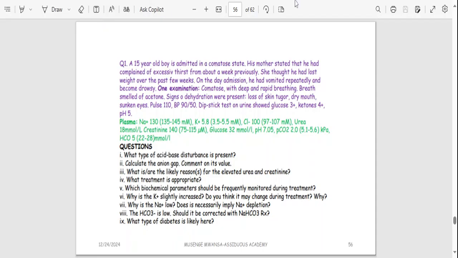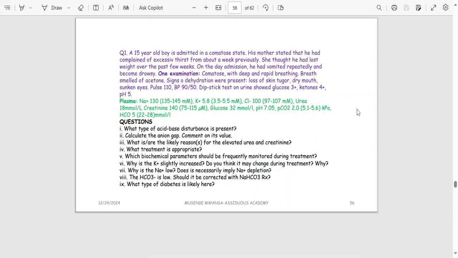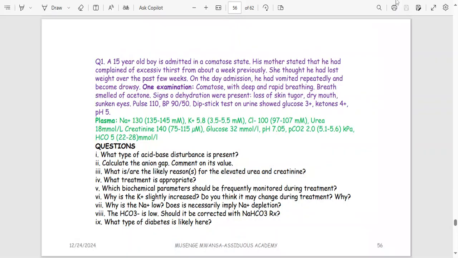So when we are looking at acid base disturbances, the very first thing that you do is to look at the pH. By looking at the pH, is this acidosis or alkalosis? Anyone to help us? It's acidosis.